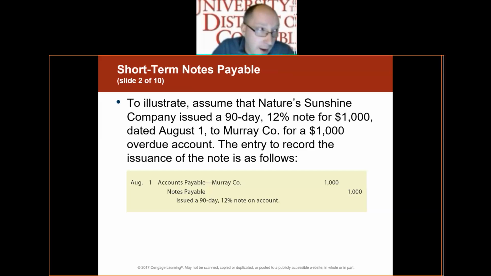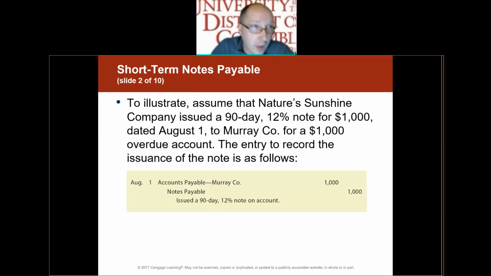The reason why that happens is because sometimes our customers get behind on their accounts payable. And in order for them to get caught up, I will convert their accounts payable into a note payable. Okay? And the same could be done for us, right?